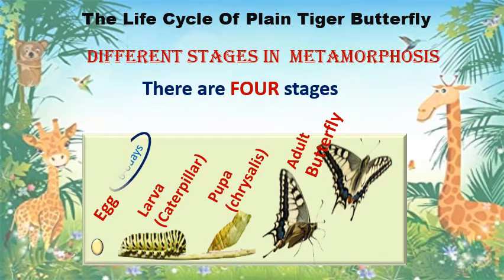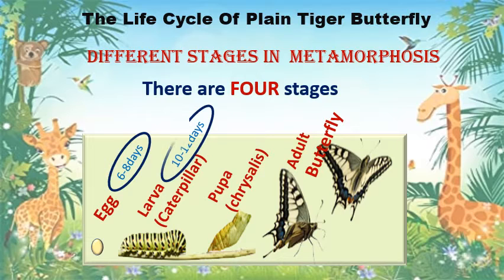Okay. Now students, the butterfly lays the eggs and the larva or the caterpillar, it grows inside the egg. It takes 6 to 8 days.